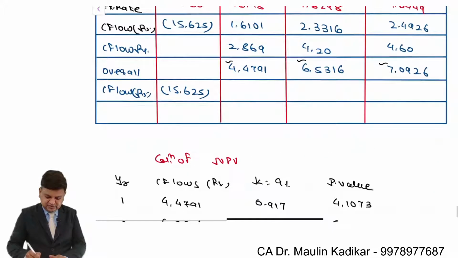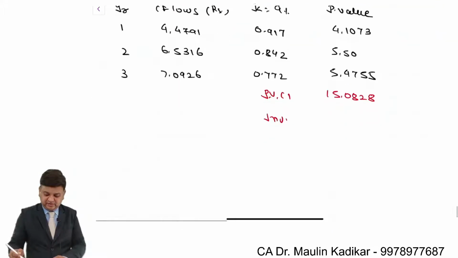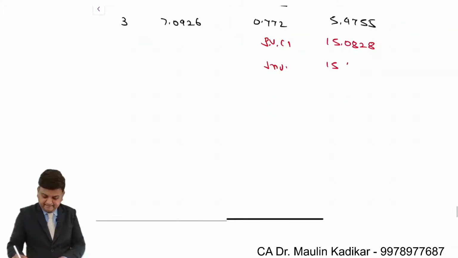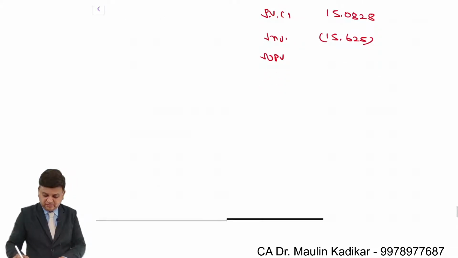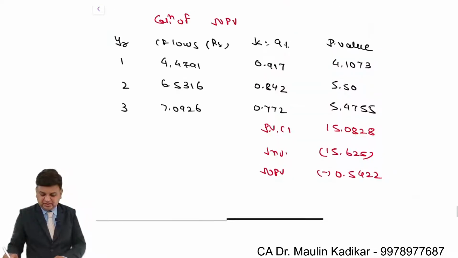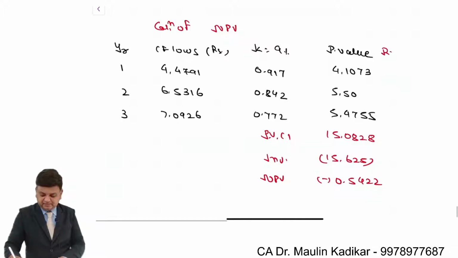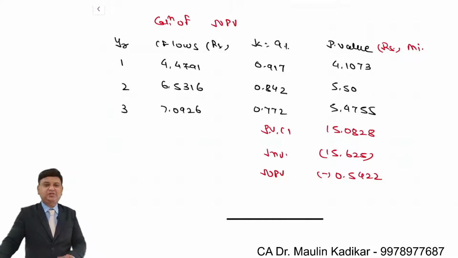Amount of investment is this: 15.625. Now we get the NPV, 15.0828 minus 15.625. Unfortunately, it is negative 0.5422. It is in the rupees million term. So we understand that the project is not worth accepting.